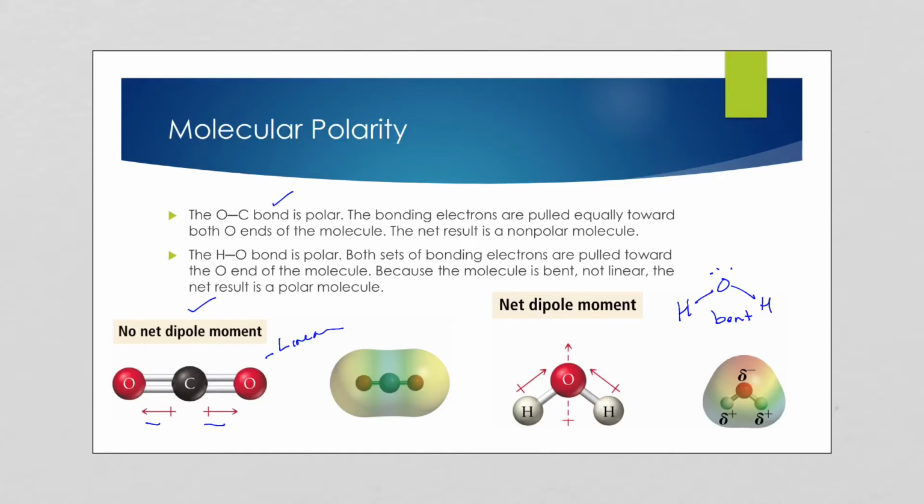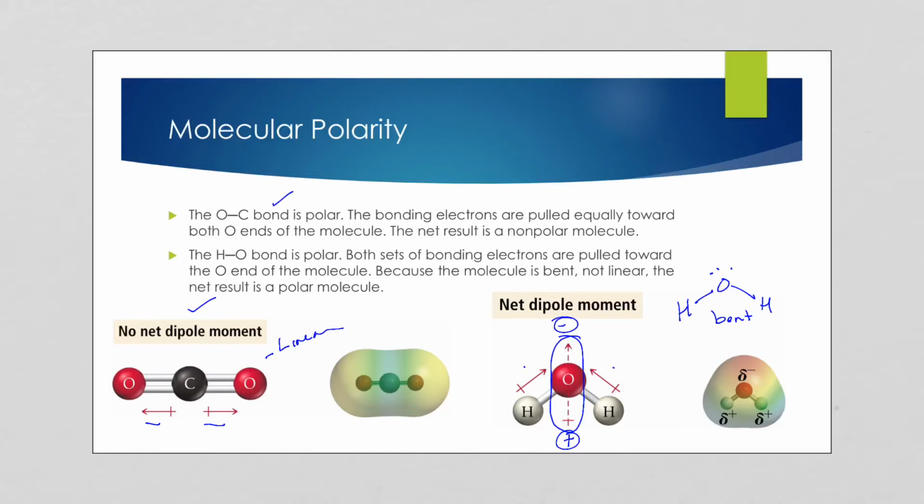And so we're not going to cancel out. We're going to have an overall dipole that is pointing up here, so we end up with a positive side here and a negative side here. So again, it's all a matter of whether these dipoles here and here will cancel each other out.